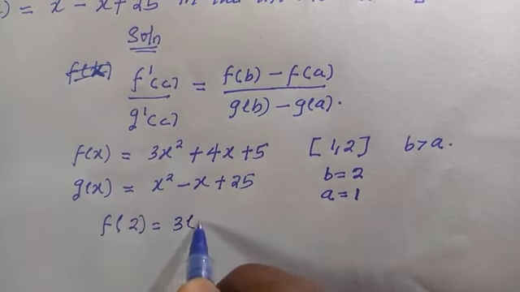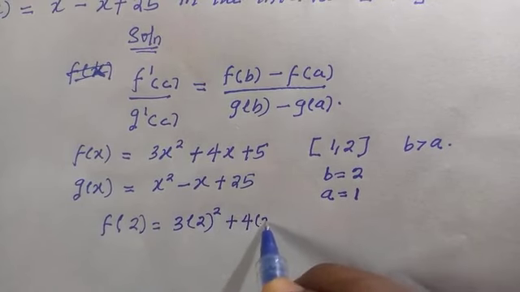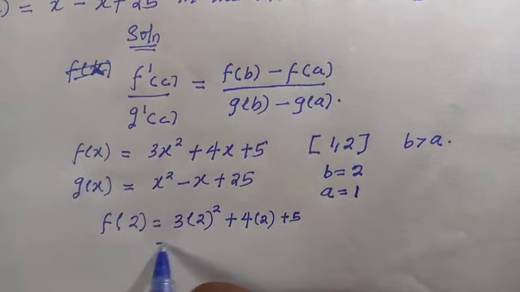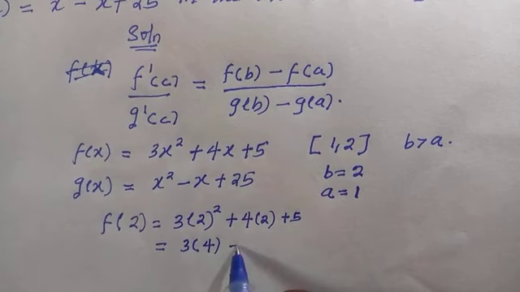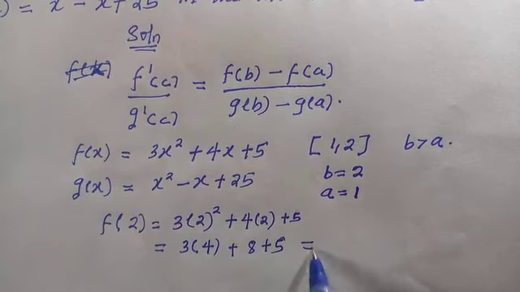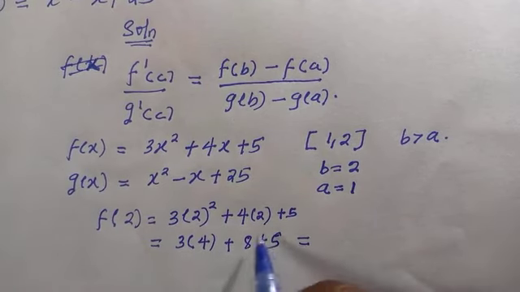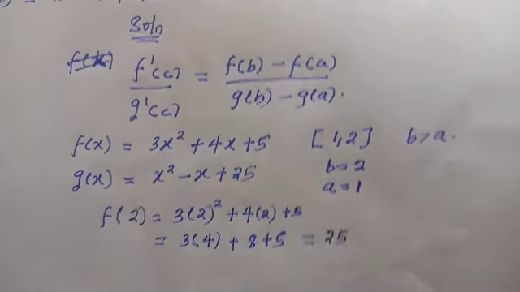In any value of these we want to plug in, you must not mix it with g of x. So we must substitute all this value throughout f of x for the first one. So the entire of this is going to be equal to 3 times 4, that is 12, plus 13, that is 25.